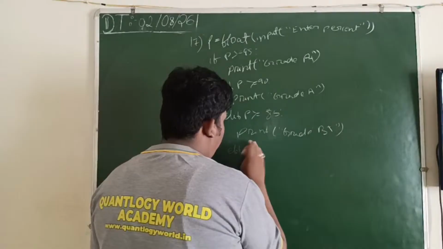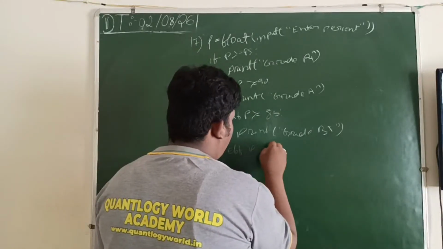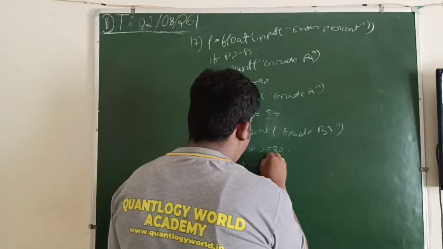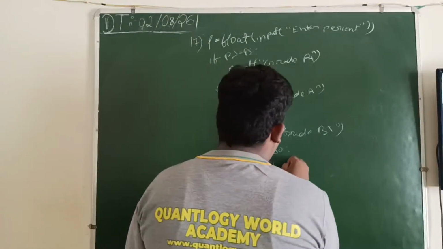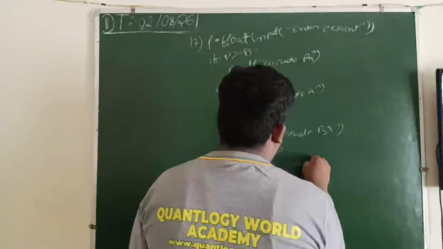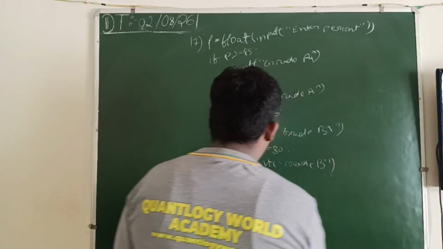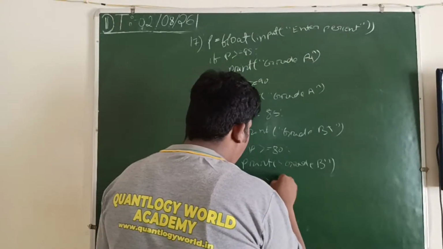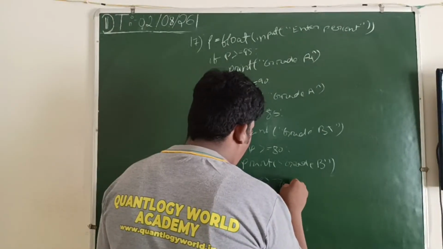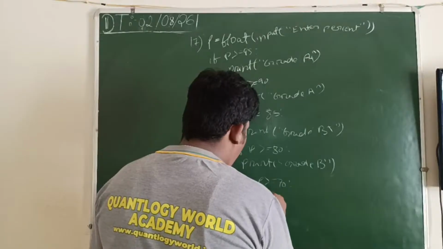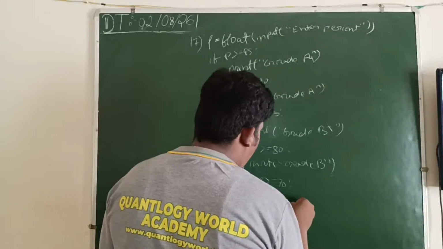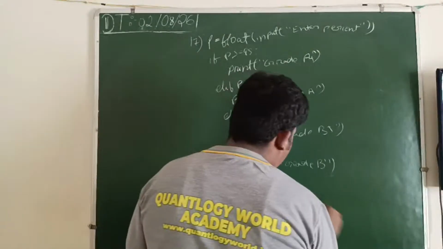And if p greater than equal to 80, then print grade B. And if p greater than equal to 70, print grade C.